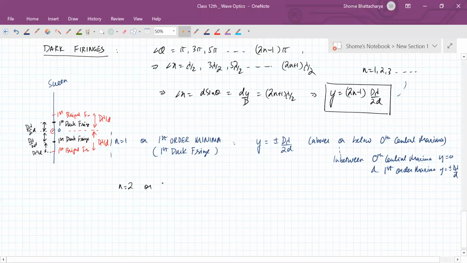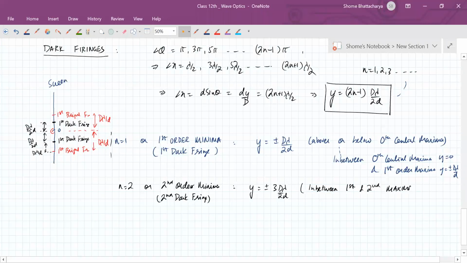Similarly, n equal to 2 or second order minima. They are right in between the first and second maximas, because the first maxima was at d lambda by d, so their midpoint. So again, this is the second bright fringe.